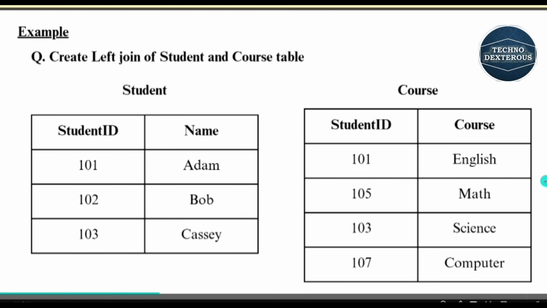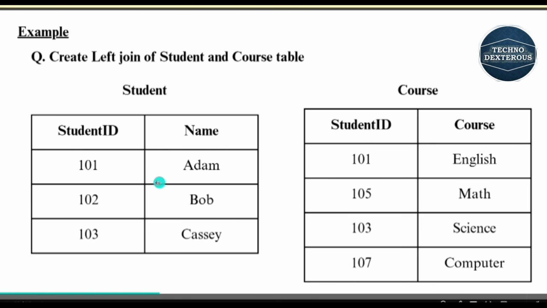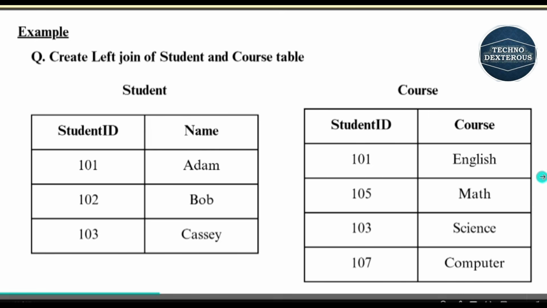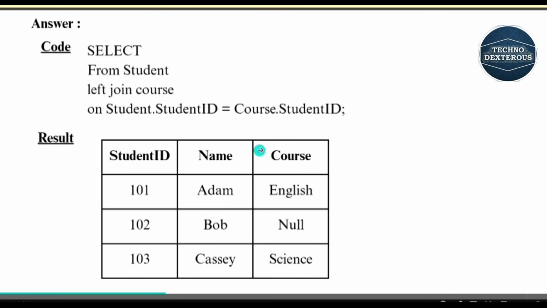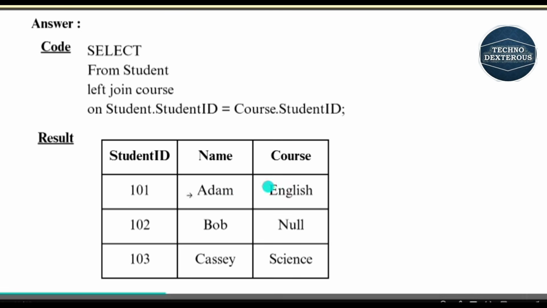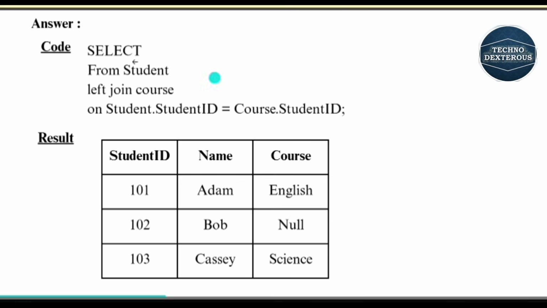You can see easily the left table, then the same 101 Adam English, 102 Bob. And here there is no 102 present in the course table, so we get a null value in course in the result of left join. Then the third one, 103 Casey, then 103 Science. Then we get this output.